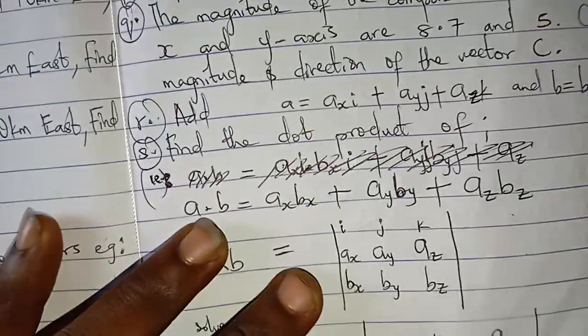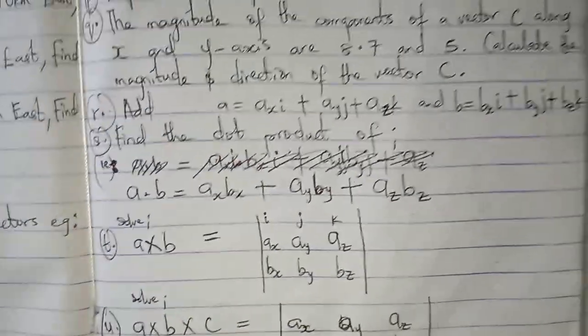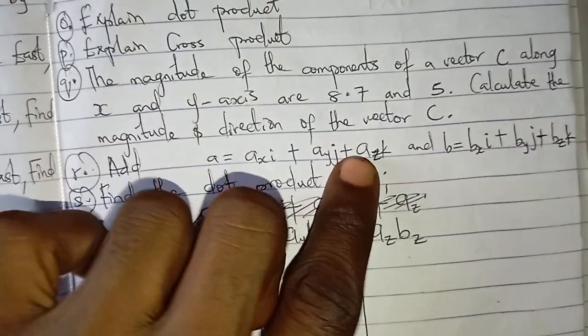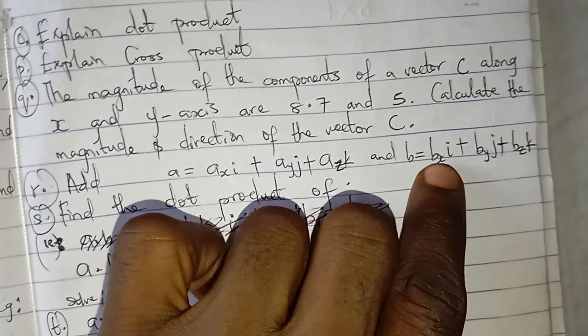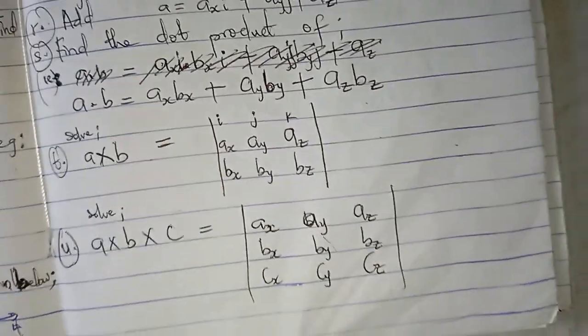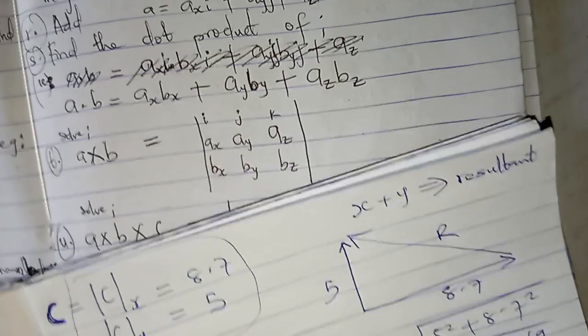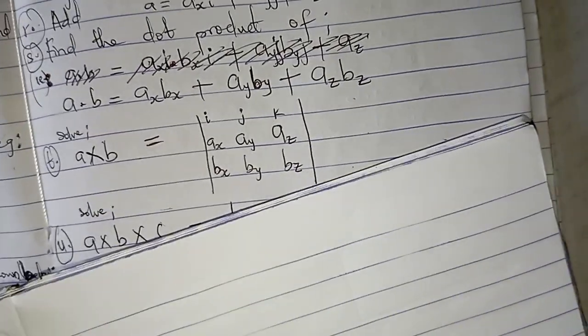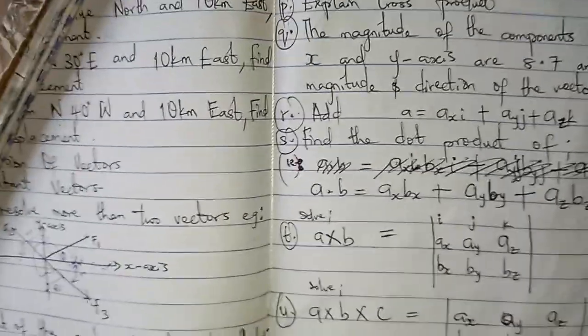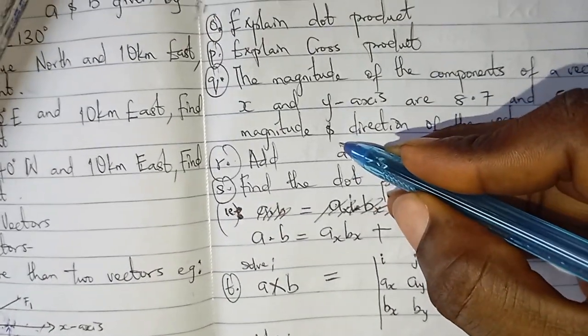They said add vector A equals AXi plus AYj plus AZk and vector B equals BXi plus BYj plus BZk, that we should add them. For me to add this, I'll simply bring out vector A. This is even wrong: you don't represent a vector with a small letter.